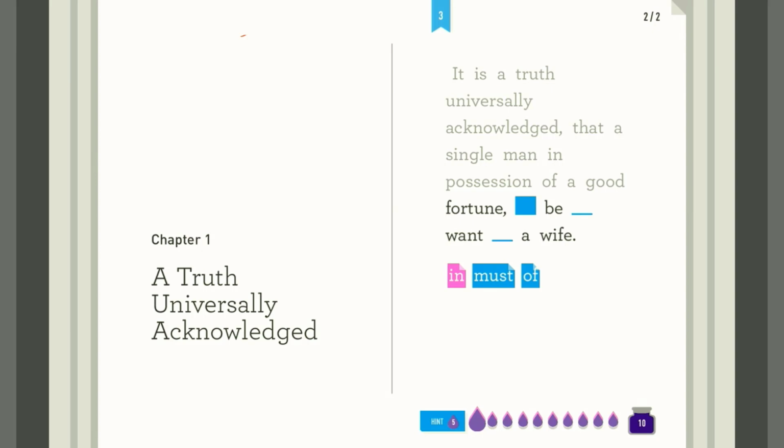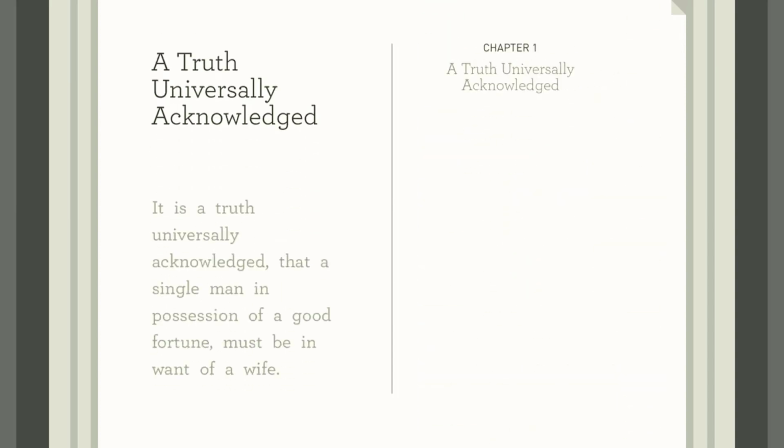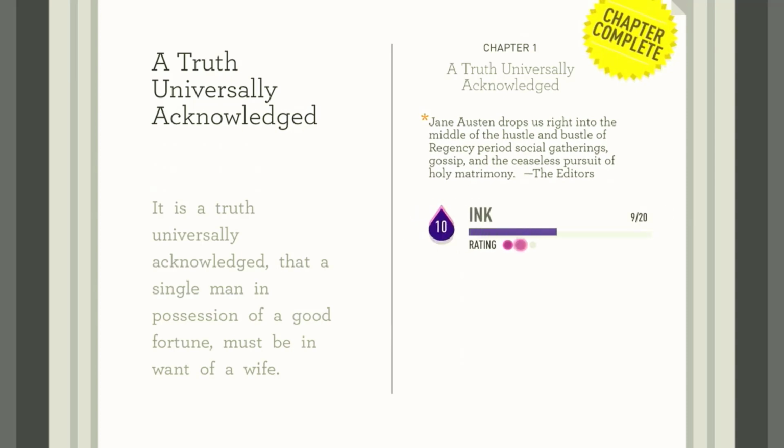So must is gonna go first here. To make sure my controller is working here. So I'll put must there. So yeah, this is sort of like a puzzle because it's giving you words and you have to put the puzzle together to make sure the sentence reads correctly or the paragraph reads right.